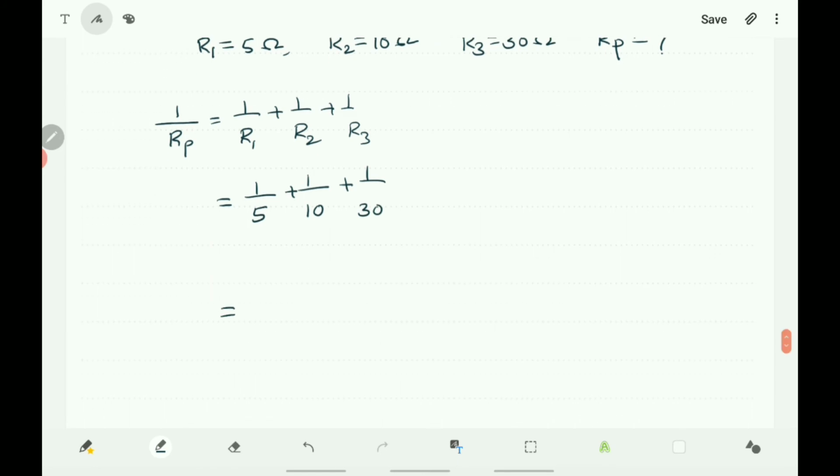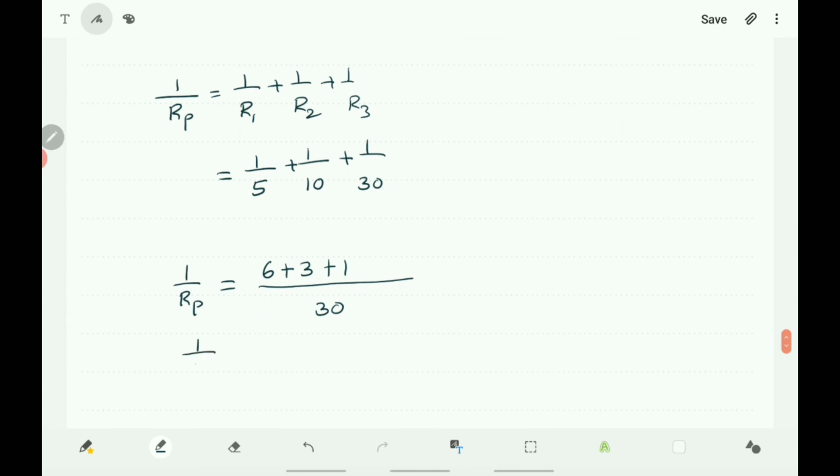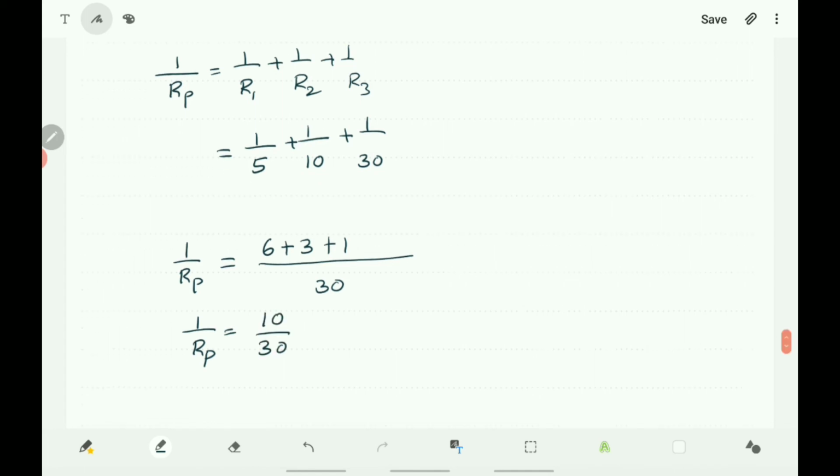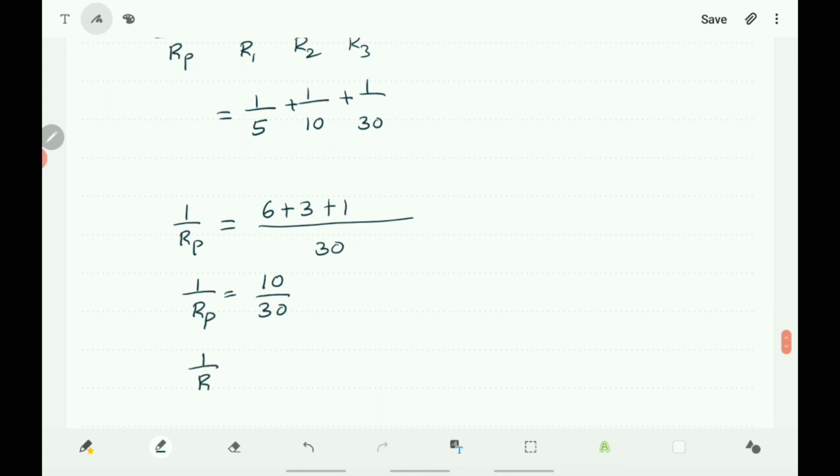Here the LCM is 30, and you know that 5 6s are 30, 1 6 is 6, 10 3s are 30, 1 3 is 3, 30 1 is 30, 1 1 is 1. So 1 by Rp is equal to 6 plus 3 plus 1 is 10 by 30, that is 1 by Rp is equal to, you know, 0 0 cancels here, 1 by 3.